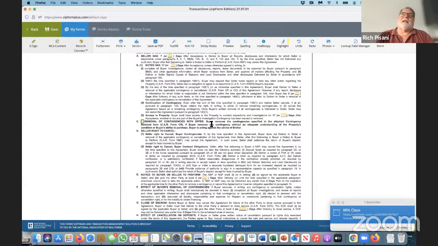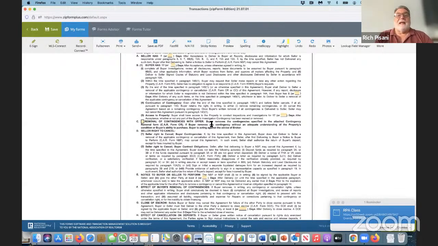It's a non-contingent offer addendum, and it tells the buyer, you're making a non-contingent offer, but I don't recommend you doing this, and you're acting against the advice of the broker. I never recommend giving an offer where there are no contingencies.